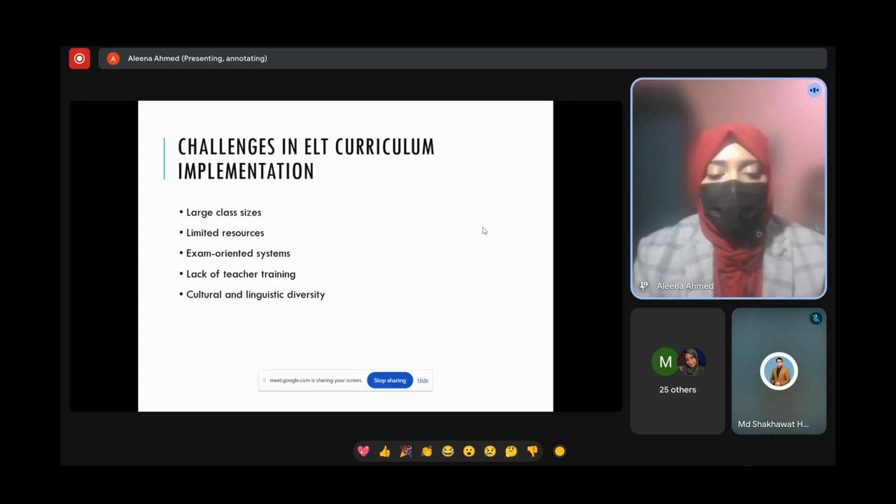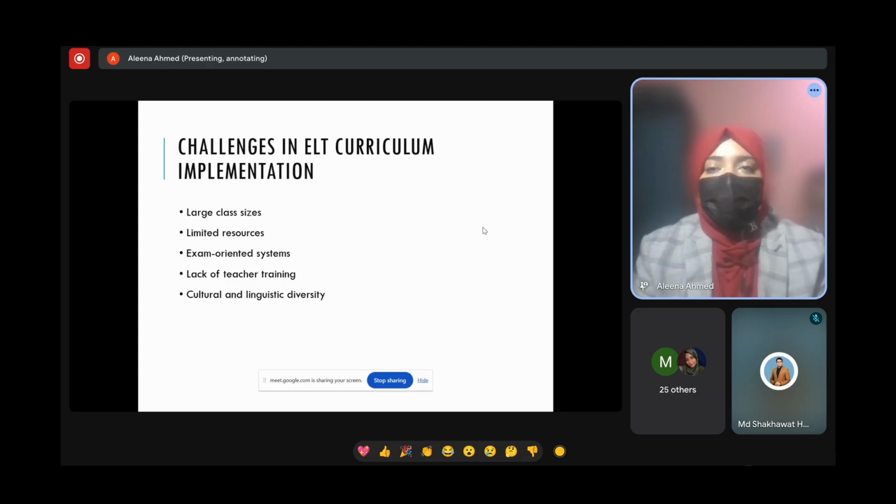And if we do not have them, we will not be able to accomplish that. So limited resources is also one of the challenges, and this is a challenge because we cannot have enough resources in some areas, right?